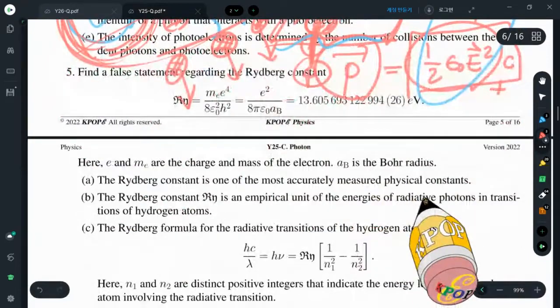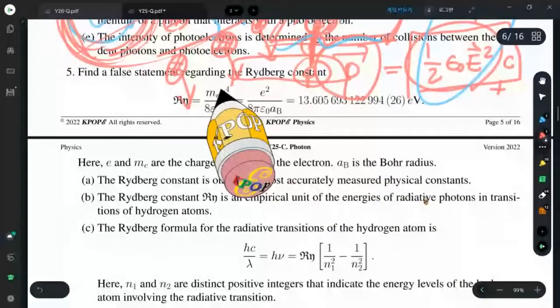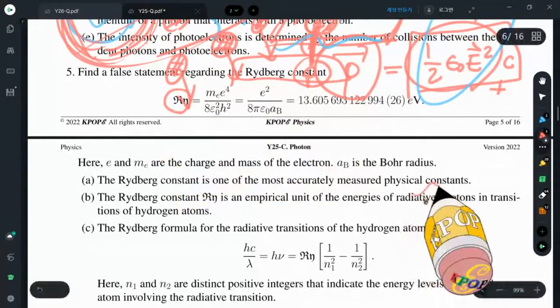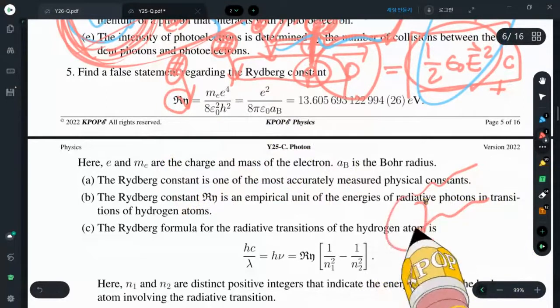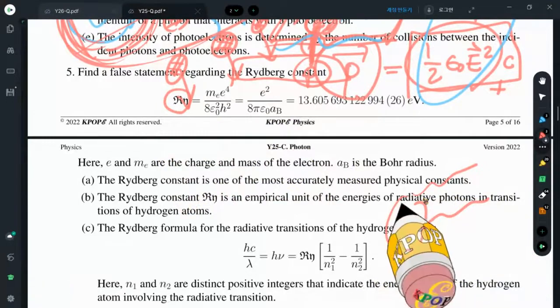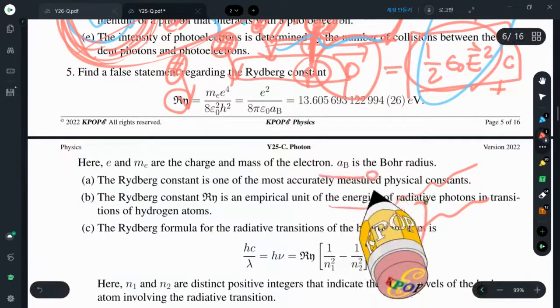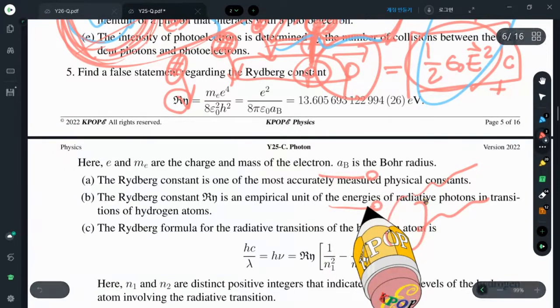And by the time the Rydberg constant was known, and the Rydberg constant involves the emission of light from the hydrogen atom. The hydrogen atom emits photons with certain frequencies. That means the energy of a photon is closely related to the energy levels of electrons trapped inside the hydrogen atom.